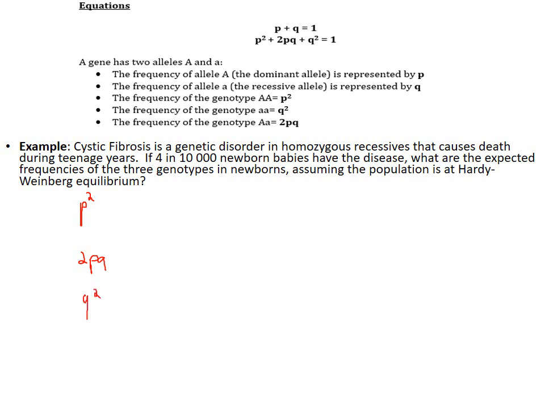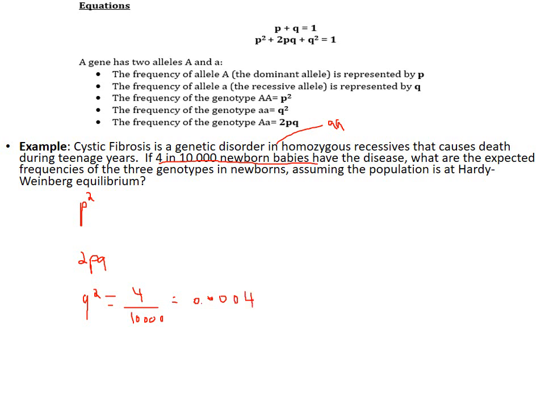Now, remember that the disease is recessive. So we told you here that these babies have the disease. What we told you over here is actually the frequency of little a, little a. You know that Q squared is going to be equal to 4 over 10,000 individuals, that's going to be 0.0004.